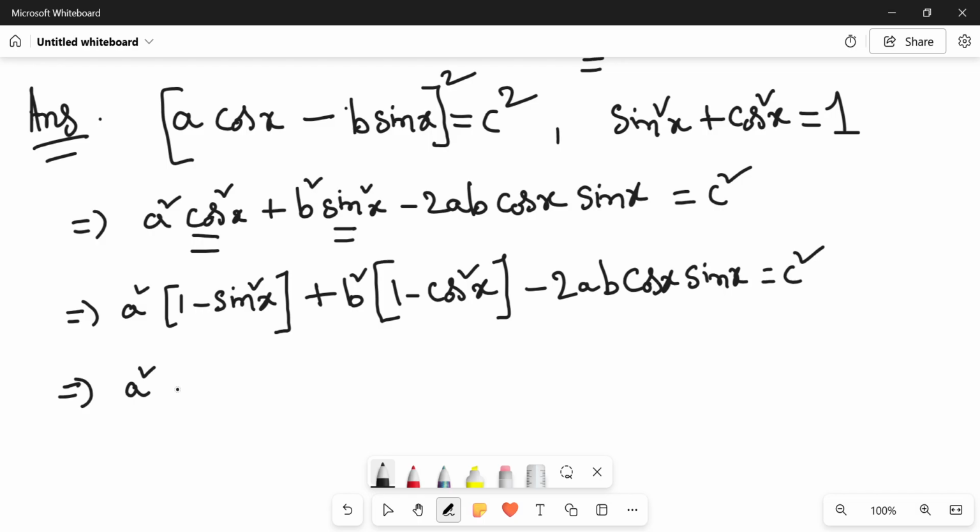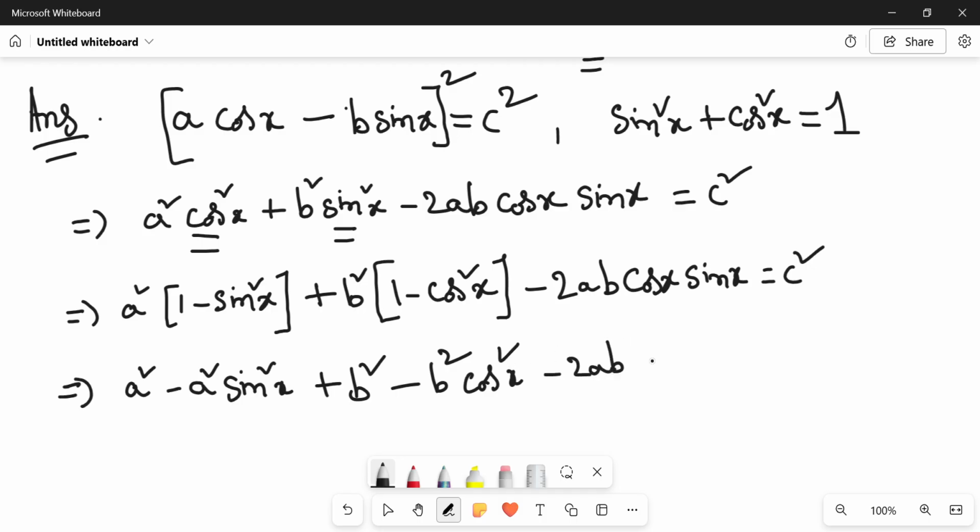A square into 1 is a square minus a square sin square x is what you have. And you have plus b square minus b square cos square x. Just multiply the b square into the bracket, and similarly I did a square into the bracket. And now minus 2ab cos x sin x is what you have.